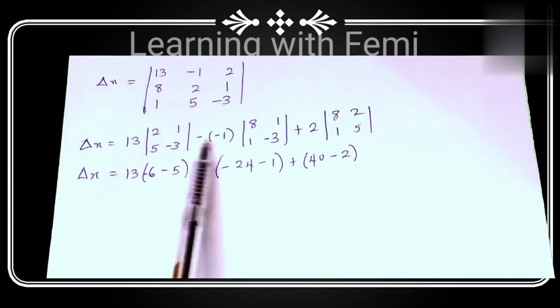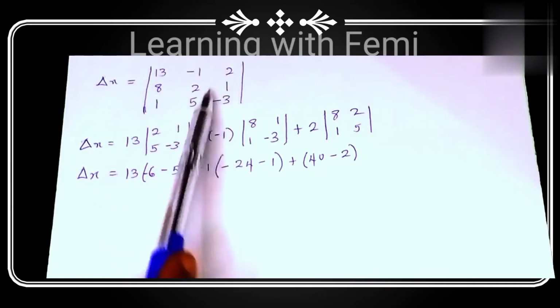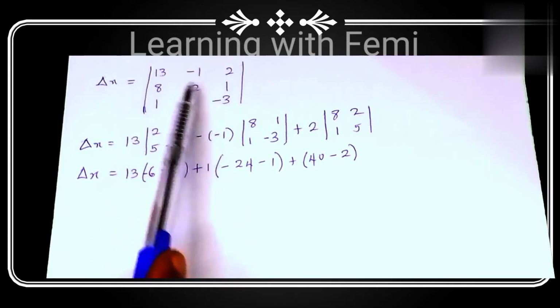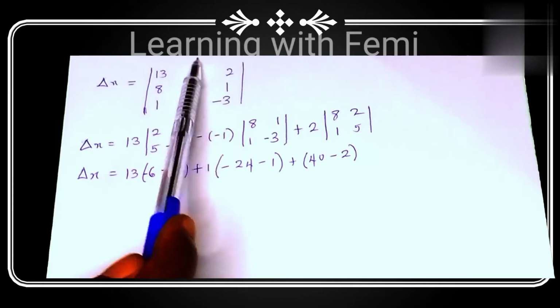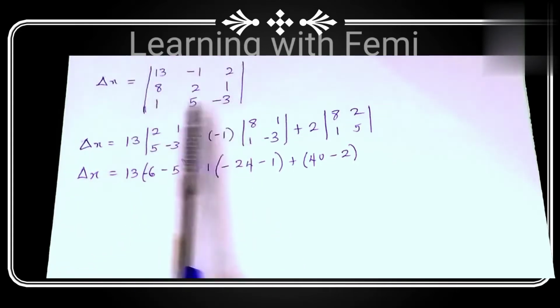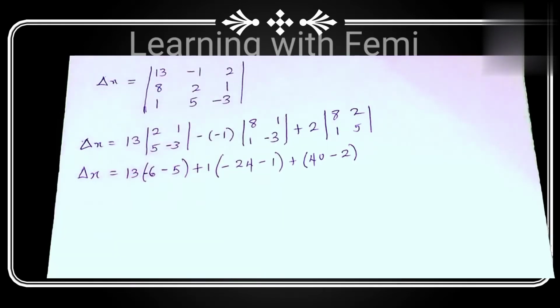That's why we have minus 1 here, because minus 1 is the first of this column. Being the first, we use it as a reference point. That's why it is outside, the same way we did to 13. Having used it, we cancel out its column and its row imaginarily. And then we have 8, 1, 1, minus 3. That's what we have there.